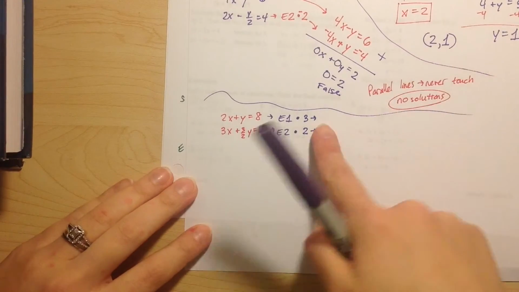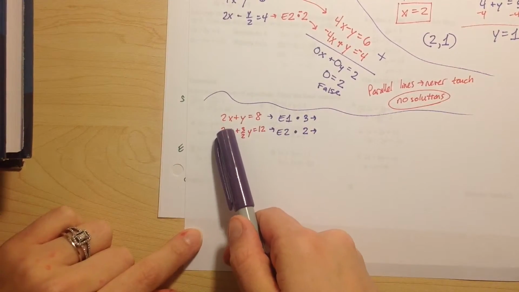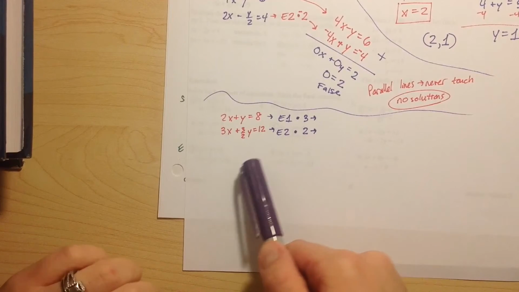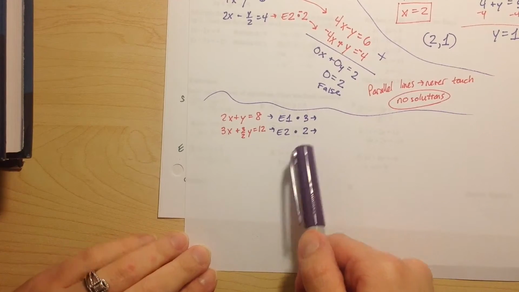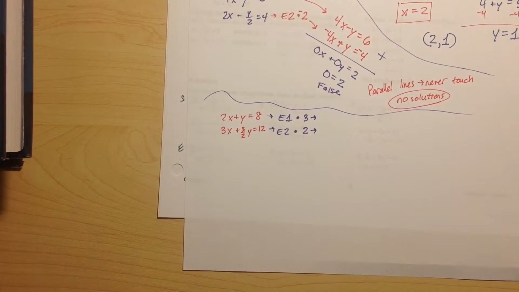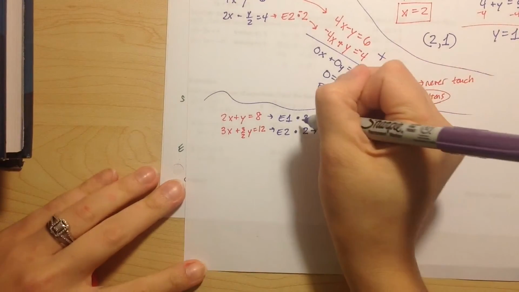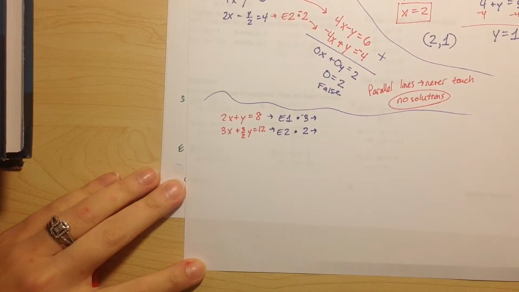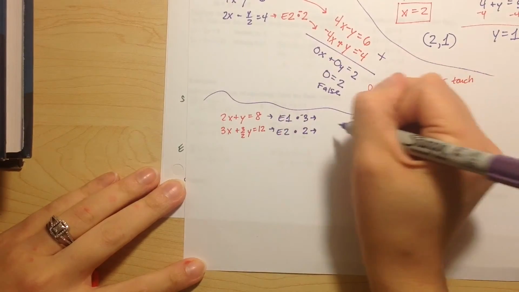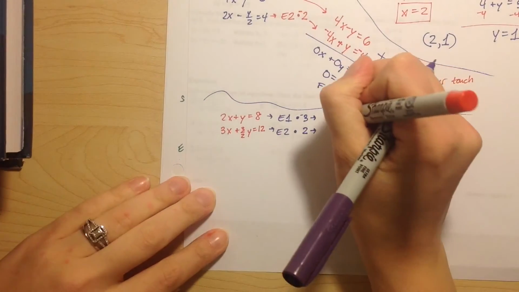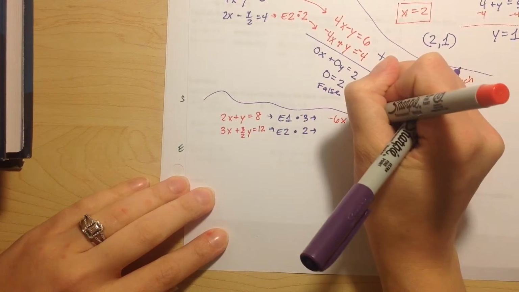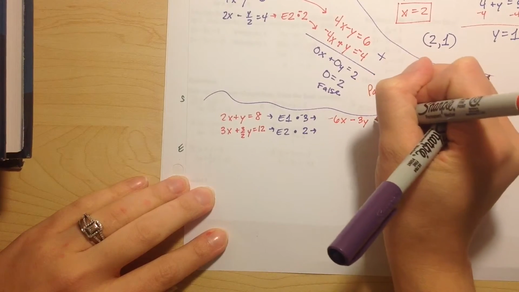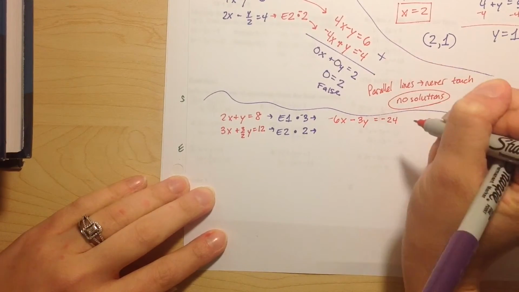If I multiply the top by 3, notice that's going to make my 2x into a 6x. The 3x multiplied by 2, I get that 6x again. Well, actually, I should multiply one of them by a negative to make sure I have a negative and a positive 6x. So I'll just pick the top one. I'm just going to make that a -3. So I get, multiplying the 3 in, negative 6x minus 3y equals negative 24.